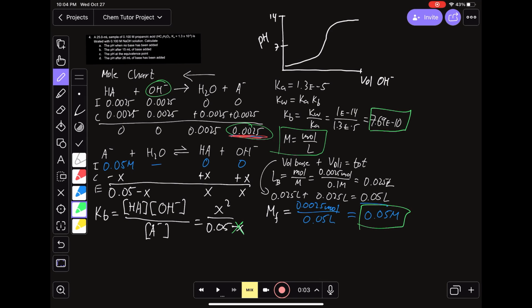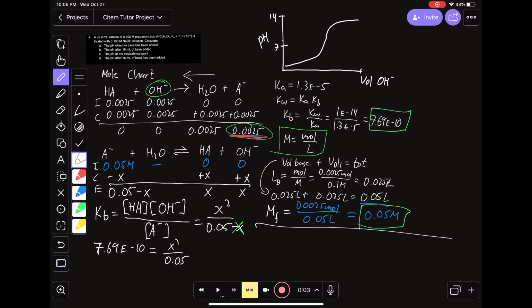So just get rid of that X and plug in 7.69 times 10 to the negative 10th is equal to X squared over 0.05.